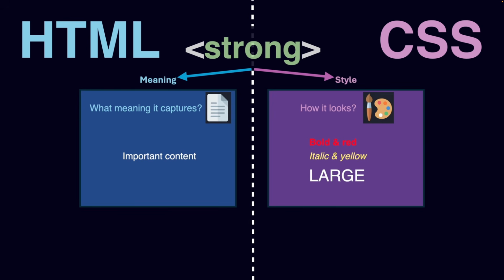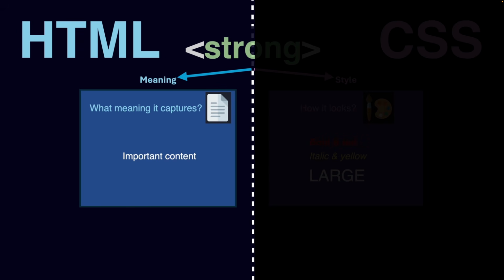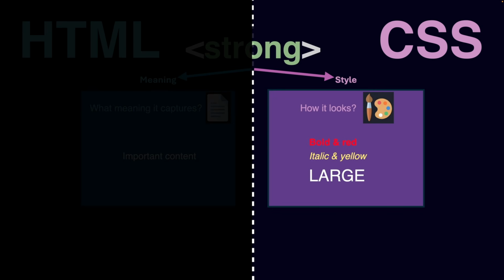So we can decide to style our content however we want later on using CSS, and that's why we have the separation of concerns. We have HTML that has only one concern, to capture the meaning and structure of our content. And we have CSS that has a separate concern, to capture the style of our content.